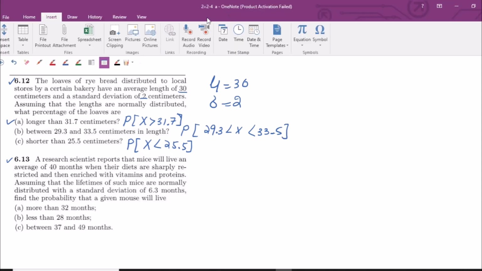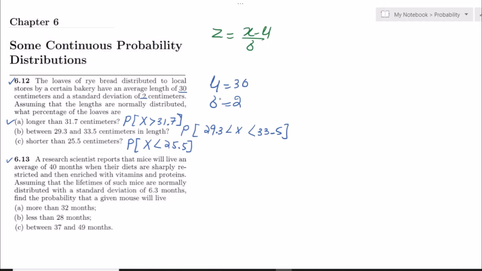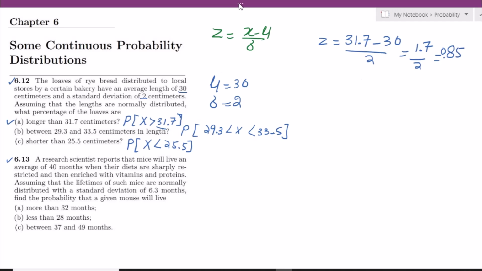Solving for 31.7 centimeters, Z is 31.7 minus 30 divided by 2. So this is 1.7 divided by 2, which is 0.85.